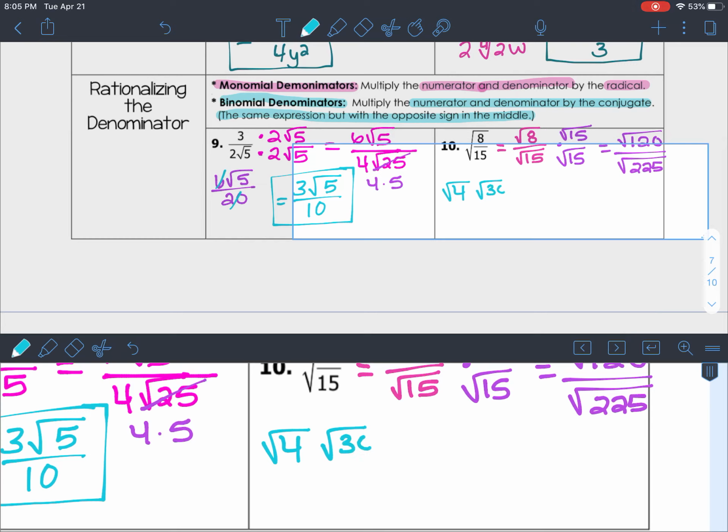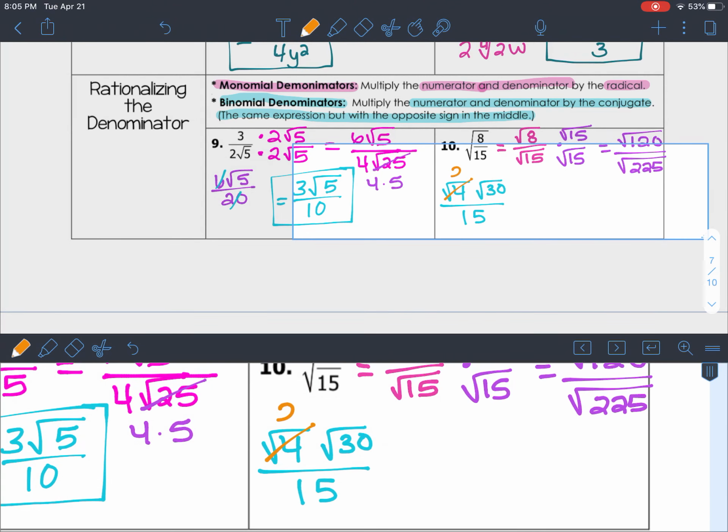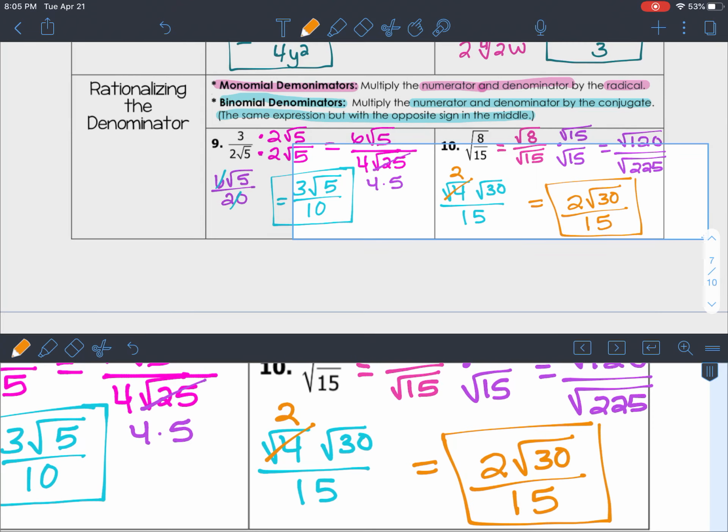So if we have the square root of 4, the square root of 30, over the square root of 225, which is a perfect square, and that's actually 15. And then we can break this down just one more time. The square root of 4 is 2. So what I really have here is 2 the square root of 30 over 15. And that's all I can do here.